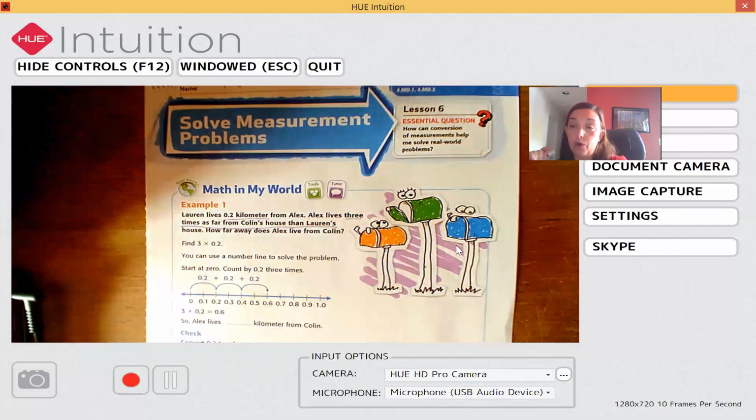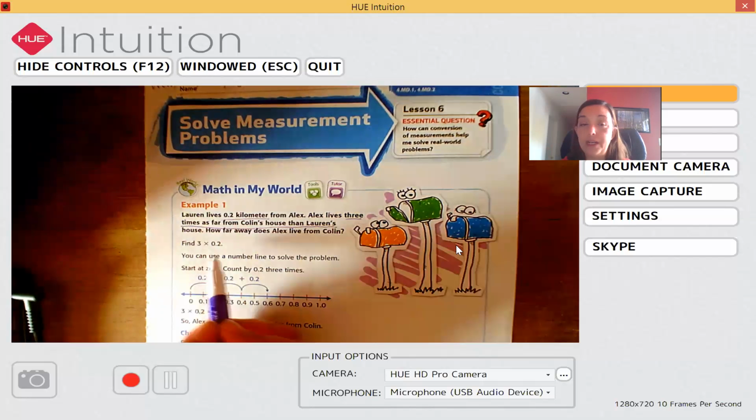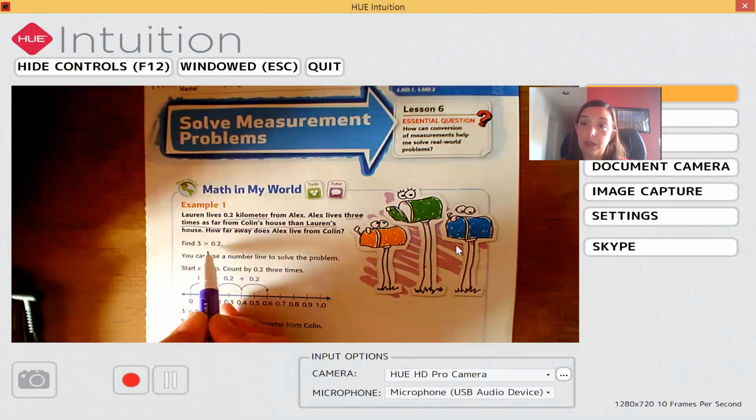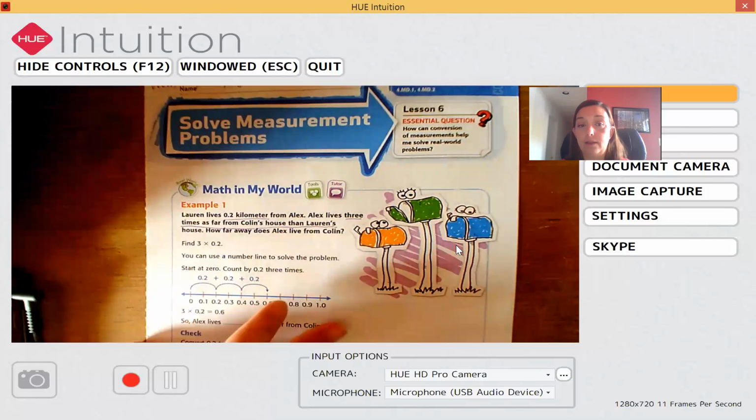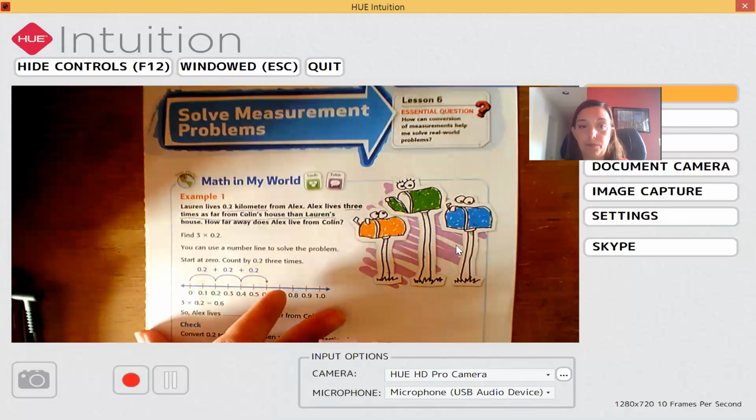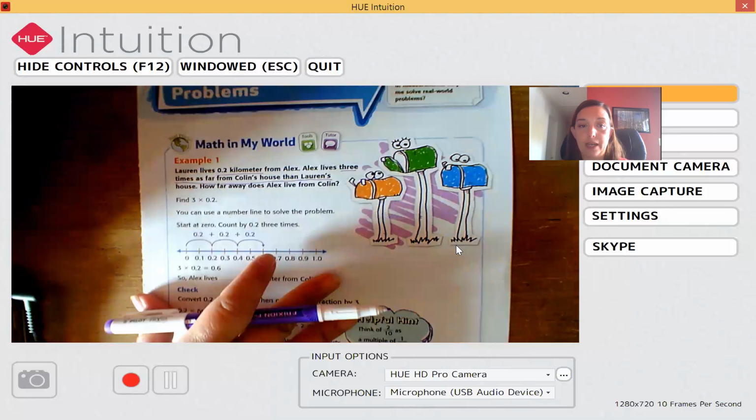So now the question is, how far away does Alex live from Colin? So what we need to do is find 3 times 2/10, because that's how far away Alex lives from Colin. Okay, 3 times as much as 2/10.